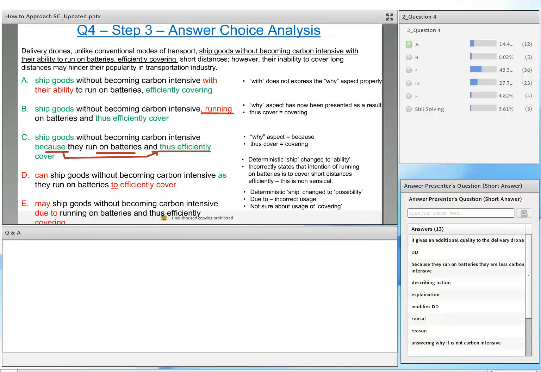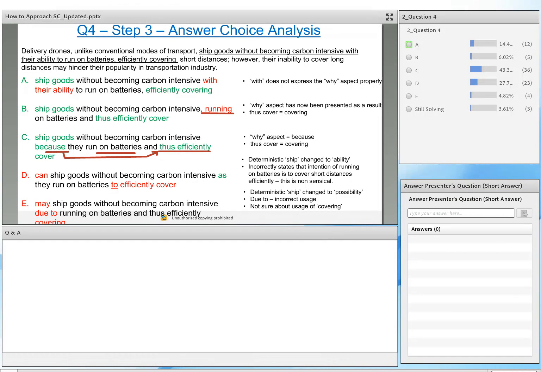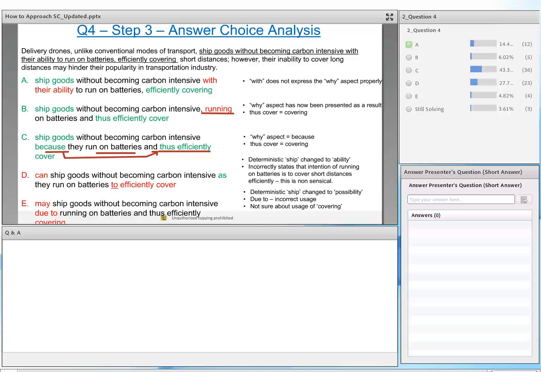Now only 43% of the class selected choice C. So again, the other segment should have a solid rationale for rejecting choice C. So tell me, why is it that you rejected choice C?